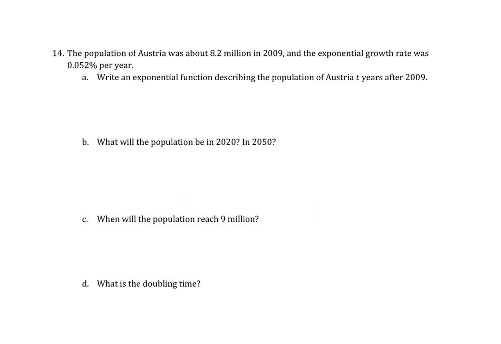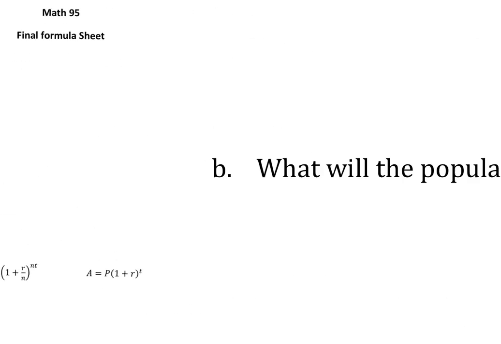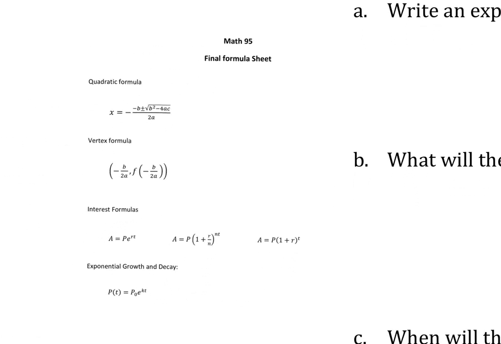Last little example here is an exponential example. The population of Austria is about 8.2 million in 2009, with an exponential growth rate of 0.052%. Write the exponential function describing the population of Austria 2 years after 2009. Now, on the final, you'll be given a formula sheet that looks like this.